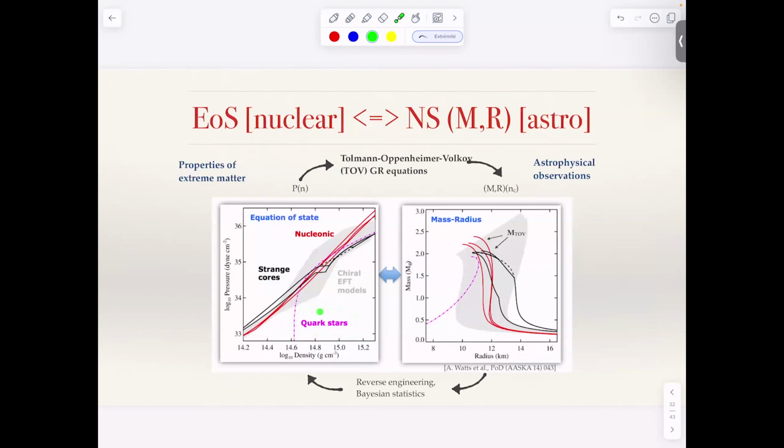Okay, so this is a quark star. I'm not the author of this paper, but I think this is a quark star without a crust.